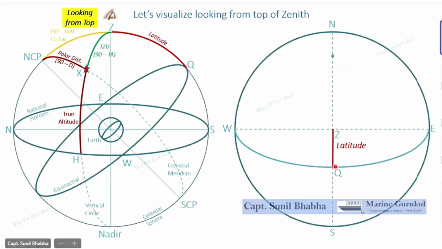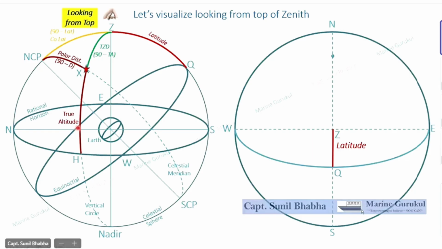So this WQE represents the equinoctial in our rational horizon diagram. This WQE you can see here in the celestial sphere diagram. This is point W going up to point Q, going up to point E. Only this part of the rational horizon will be visible to you. If you go beyond W on this side, or beyond E on this side, this is going to fall on the far side of the celestial sphere, which will not be visible to us.